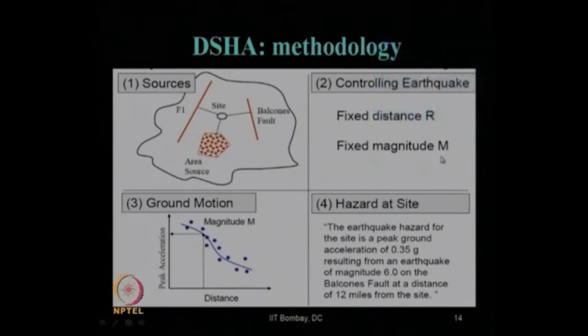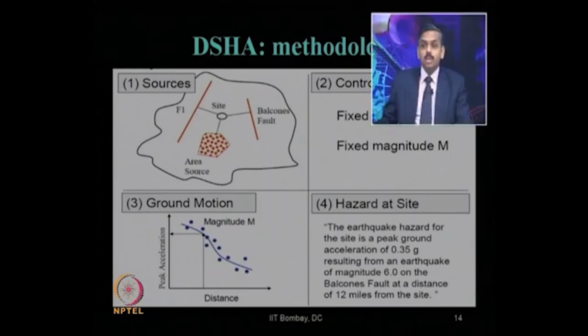And you have to fix the magnitude of earthquake. That is, for each of the faults, there will be a certain maximum magnitude of earthquake, which you can get using the Wells and Coppersmith equation, using the fault dimensions, or if it is a plate boundary, you can use Hanks and Kanamori's equation, to find out the magnitude of earthquake which is possible in these sources, or from historical data you will have the maximum value recorded at those faults.